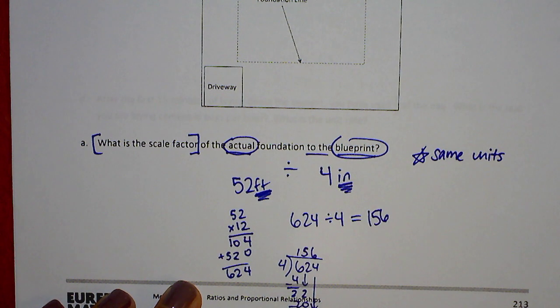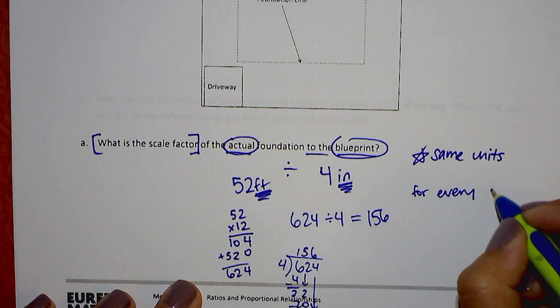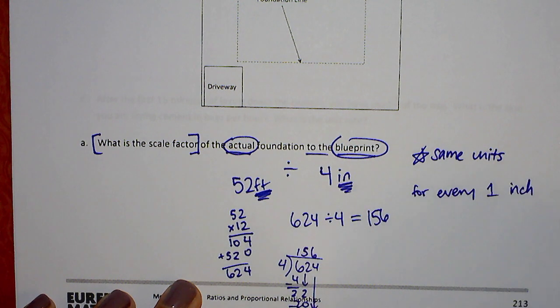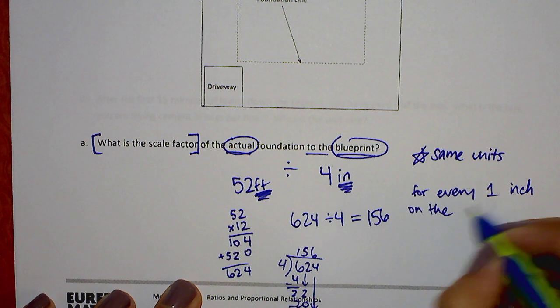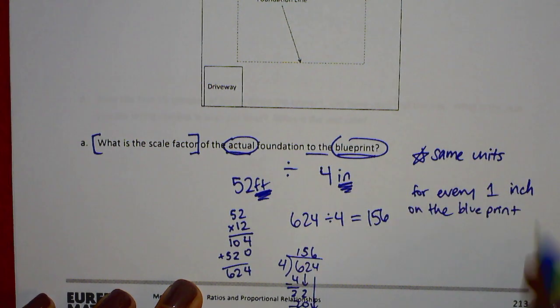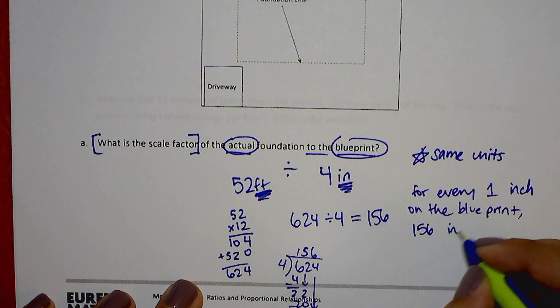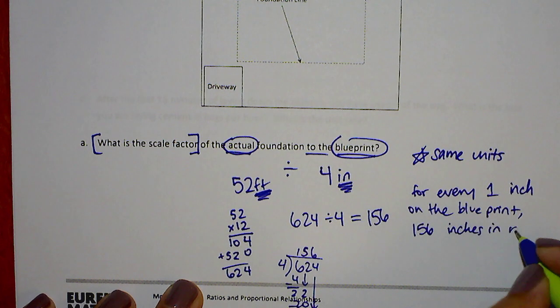156. So that tells me for every 1 inch on the blueprint, it's 156 inches in real life.